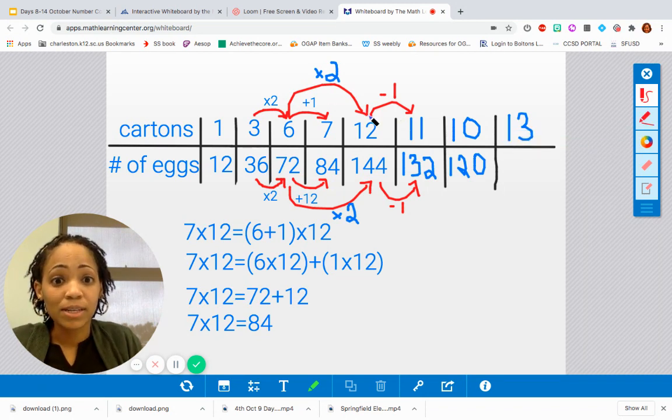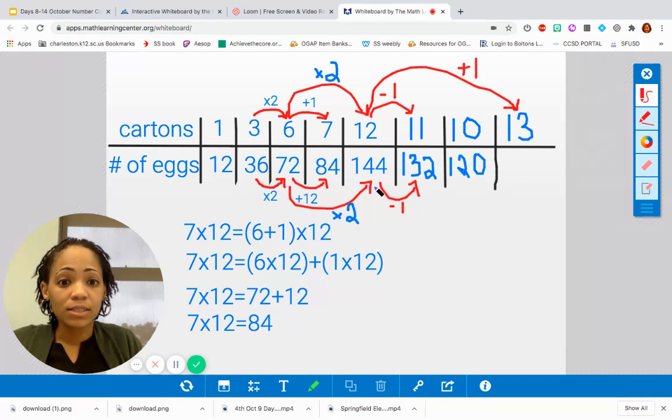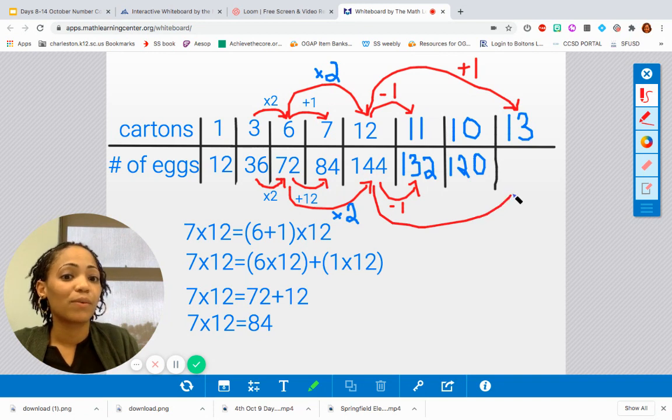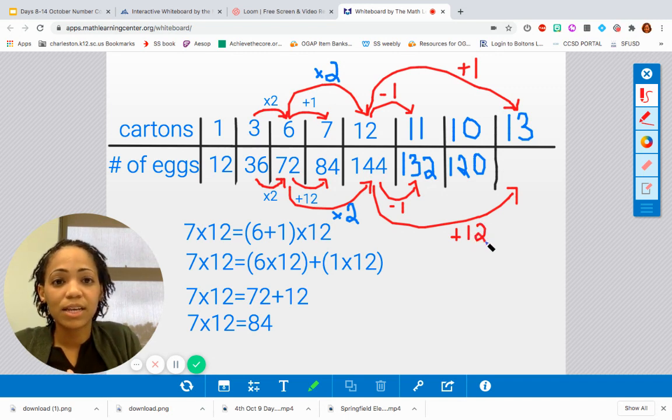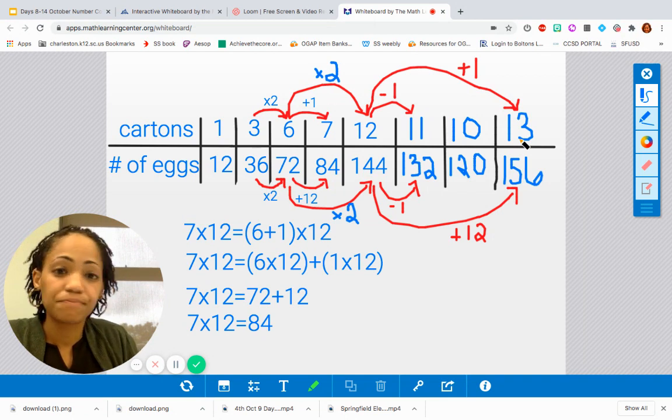Good, we probably want to use 12 because really, if we're going from 12 to 13, we are just adding one carton. And if we add one carton, how many eggs is that adding? We're adding 12 eggs. So 144 plus 12. Should be able to do that really quickly in your head. What are you going to get? Good. 156. Awesome job.